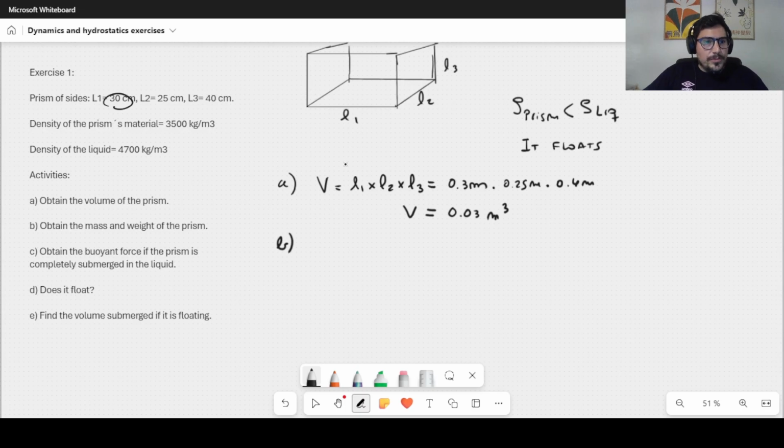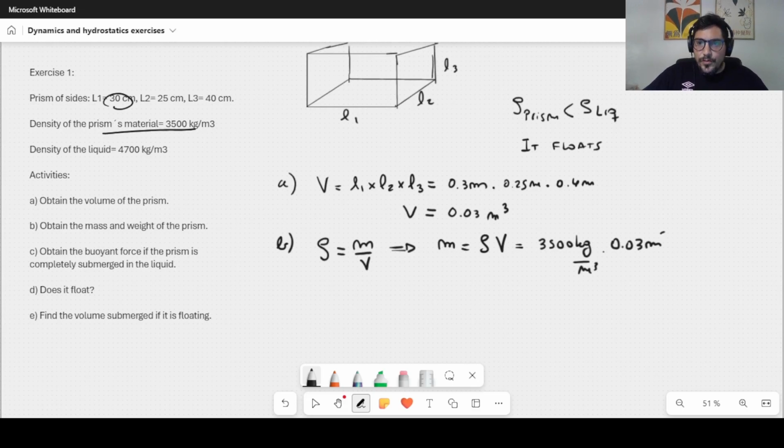Second question, obtain the mass and the weight of the prism. Well, here we're going to use the density of the material. What is the density of the material? Density is mass divided by volume. So when we want the mass, we have to multiply density times volume. The density is 3,500 kilograms per cubic meter times the volume, 0.03 cubic meters.